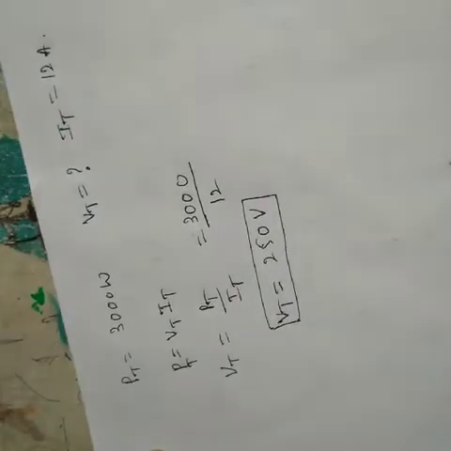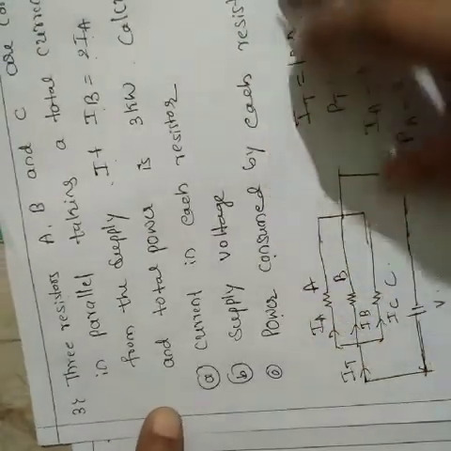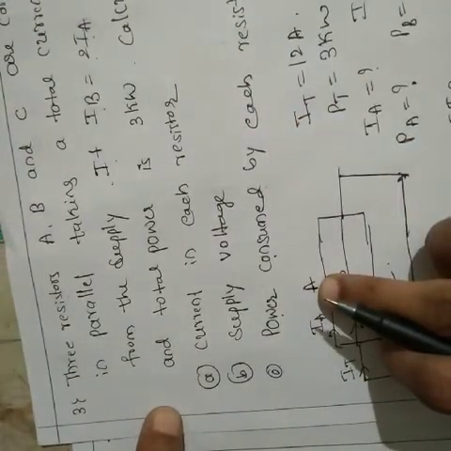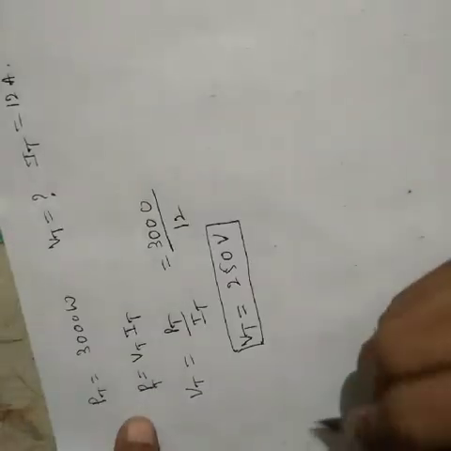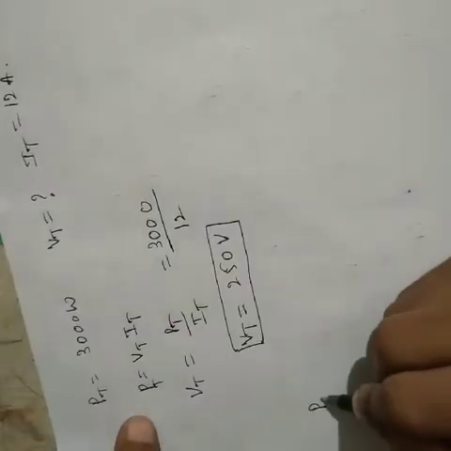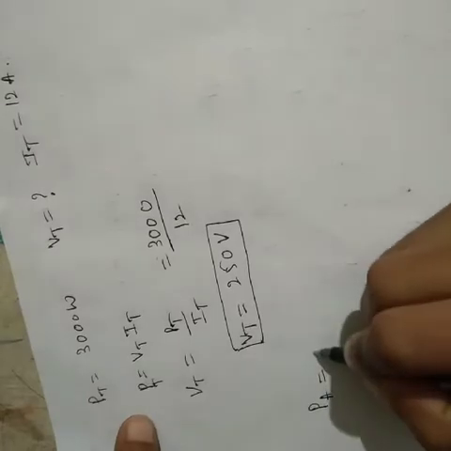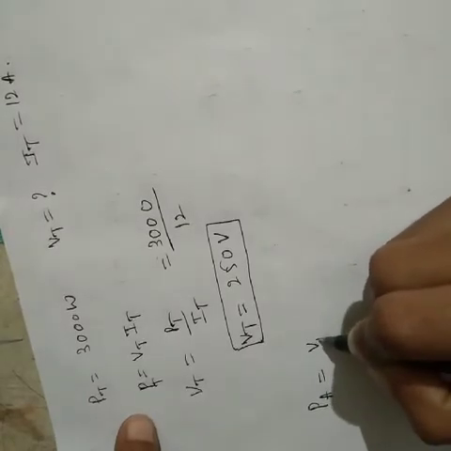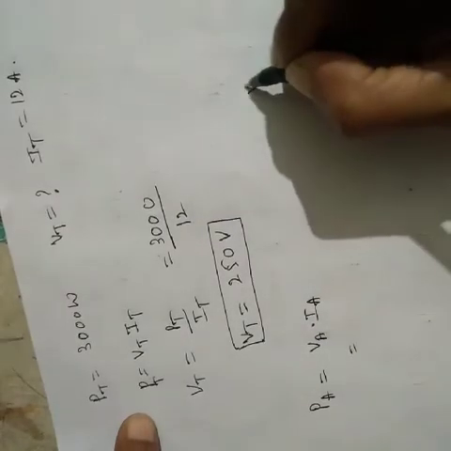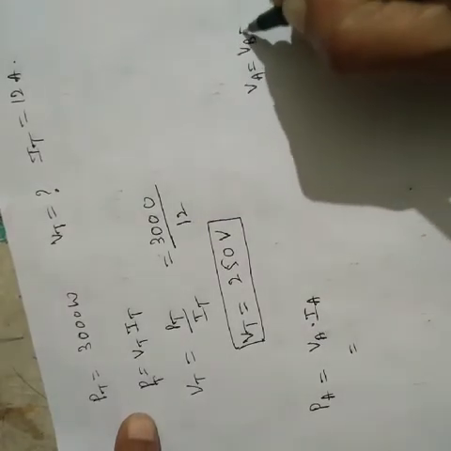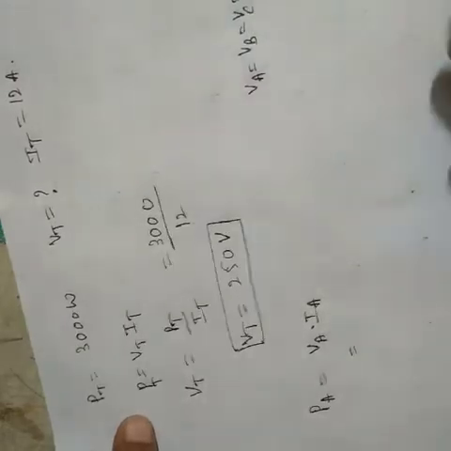Then last, find the power consumed by each resistance, means the power consumption in A resistance, B resistance and C resistance. The power consumed in A resistance is equal to VA into IA. VA is equal to VB is equal to VC, which is nothing but the supply voltage.